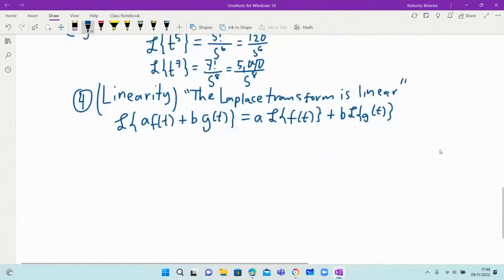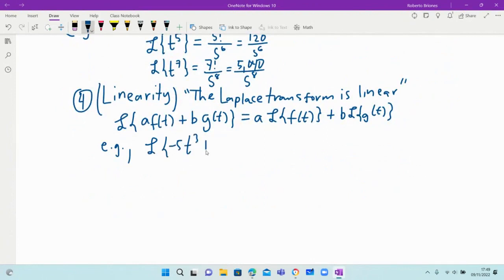Okay, and so let's try to give a particular example to this. So for example, L of negative 5t cubed plus 3 over 2 t squared minus 3t plus 10 will be equal to the following.